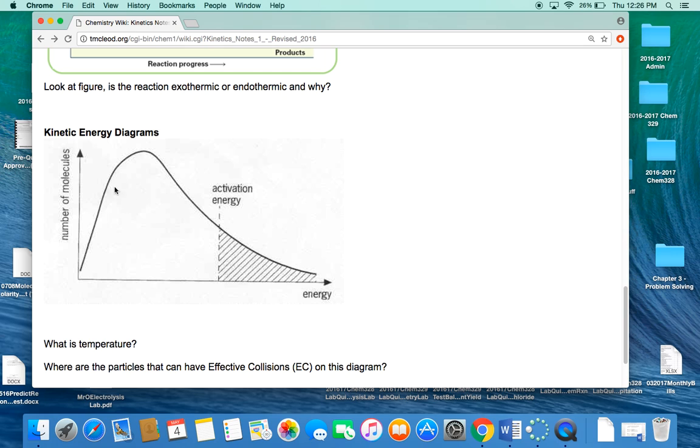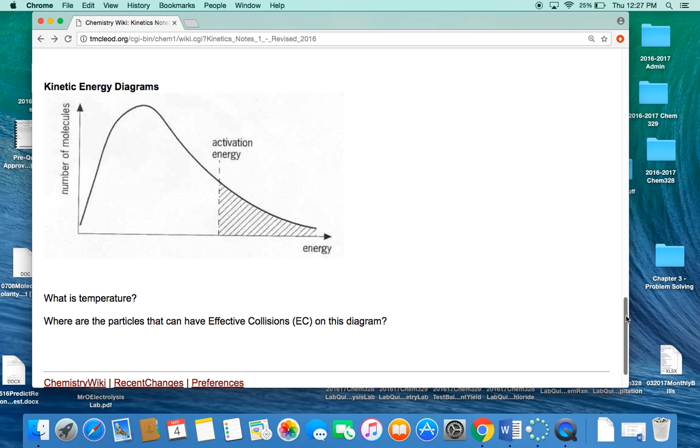All these guys over here, even if they collide in the right three-dimensional orientation, they can't because they don't have the right amount of energy. So only these particles can make an effective collision. Okay?